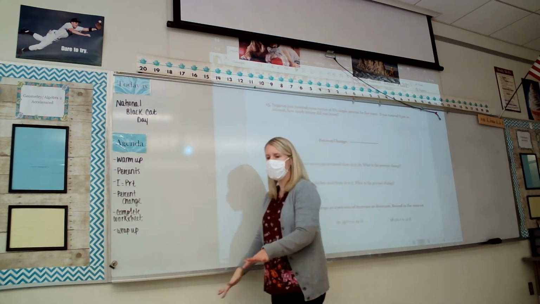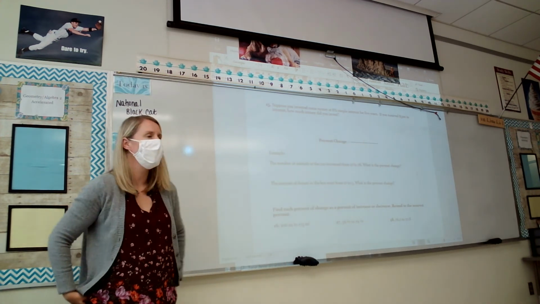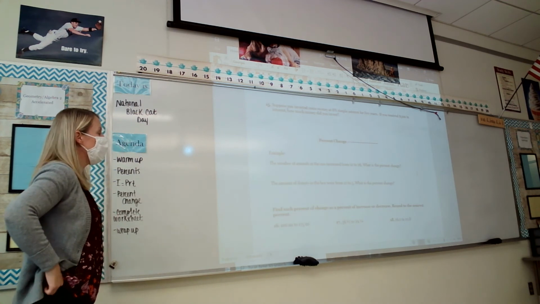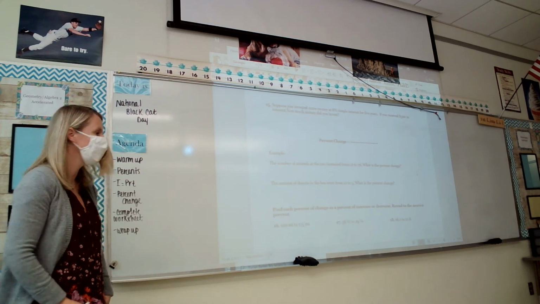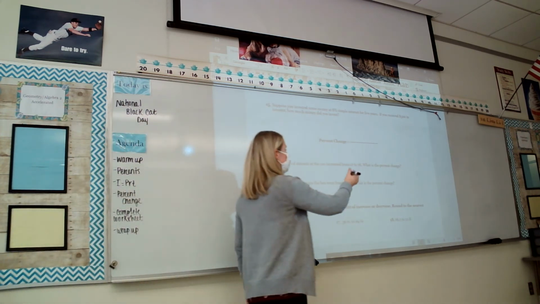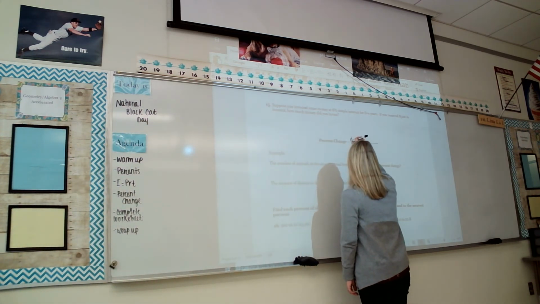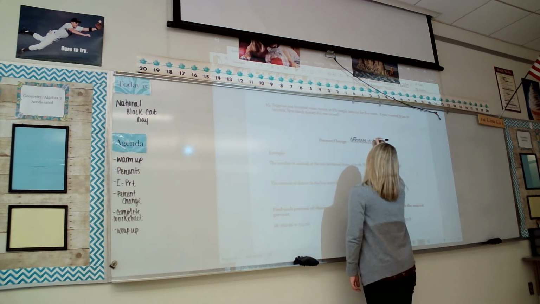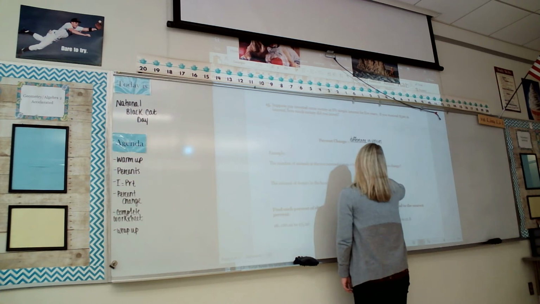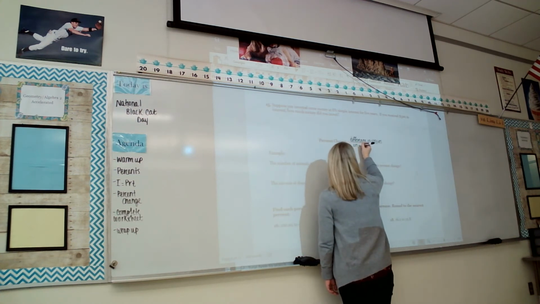Okay, so last major thing that you need for your assignment is percent change. To find the percent change of something, you are going to find the difference in the values and then you are going to divide by the original value.